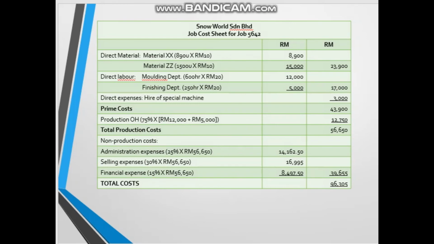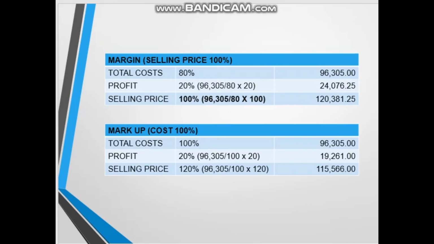Alright, see how we are going to calculate the profit and the selling price. This is our last part. Basically, we have two methods. Number one is margin, number two is markup. Based on the question just now, they asked us for margin, but I will show you both. The first thing is the total cost, which we already have: 96,305. But we have to understand the margin.